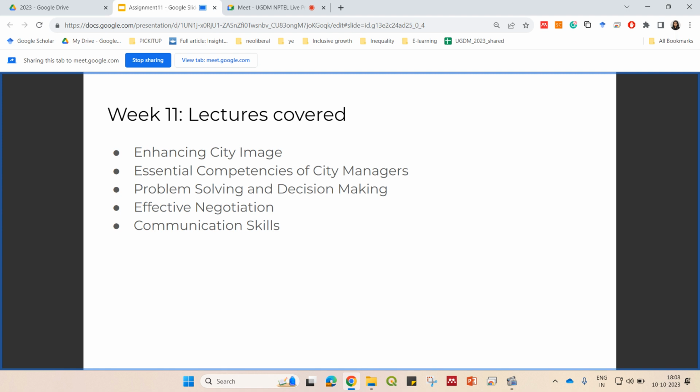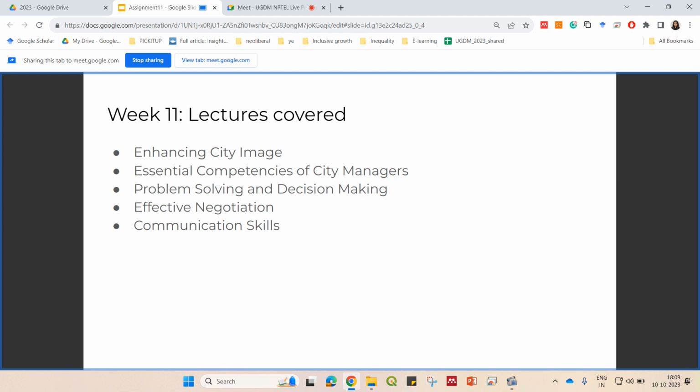Next would be the lecture on problem solving and decision making. In this you would have studied what problems in the context of urban development or urban governance are, how to formulate problems, then how to perceive problems as challenges, how to convert any problem into a challenge which the city or the city government has to tackle, then how you can face those challenges, and how the decision making process is a part of it.